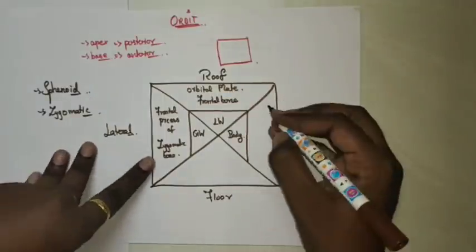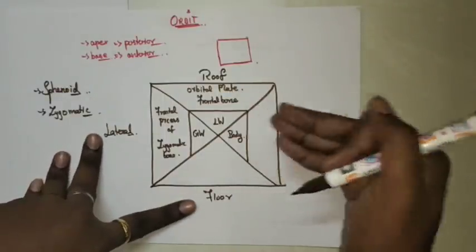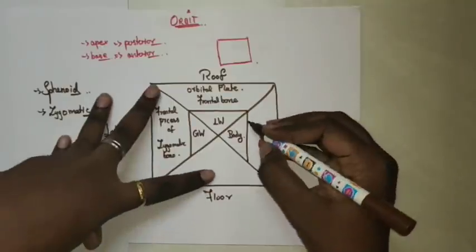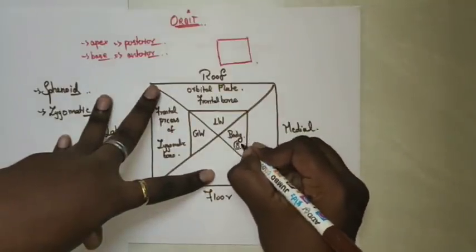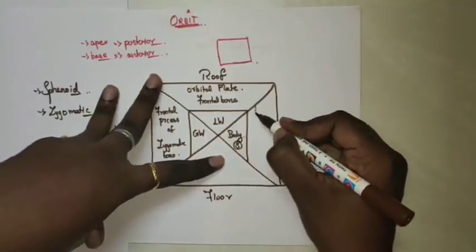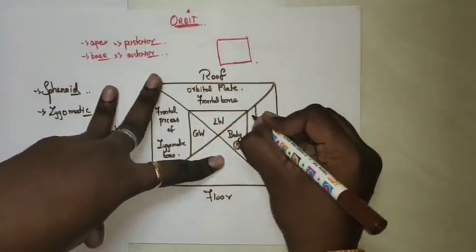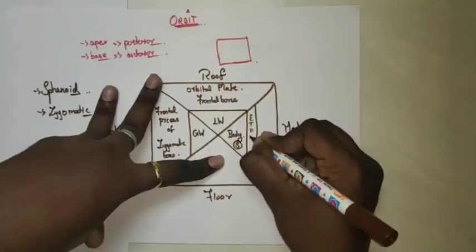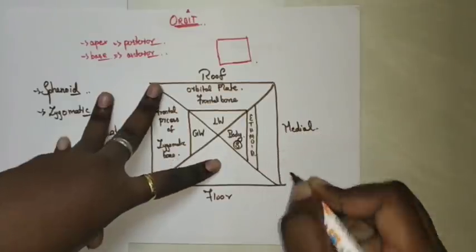And coming to the medial side, it is formed by three other bones than the sphenoid bone. That is, here we have the sphenoid bone, the body of sphenoid bone. So sphenoid, and the upcoming bone will be ethmoid bone.